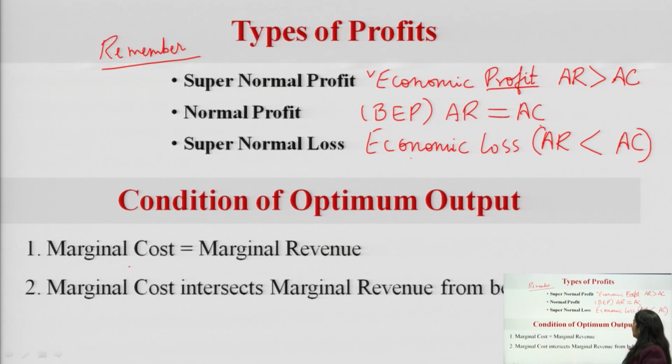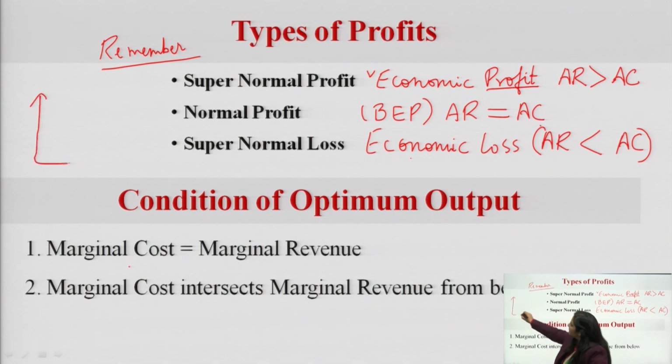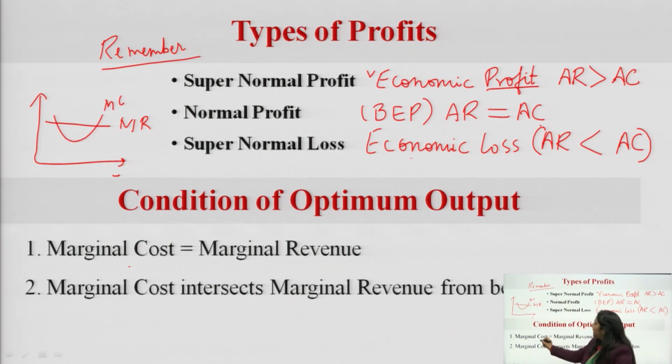What does it mean? If I want to show it graphically, it will be like this. If this is the marginal revenue line and this is the marginal cost curve, the points where marginal cost equals marginal revenue are two points, A and B. The first condition is fulfilled at both A and B, but the second condition says that the marginal cost should intersect the marginal revenue from below.